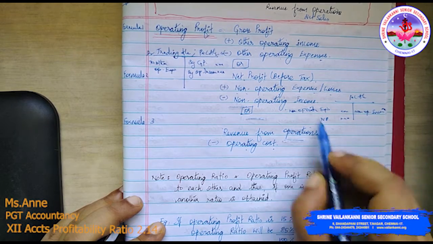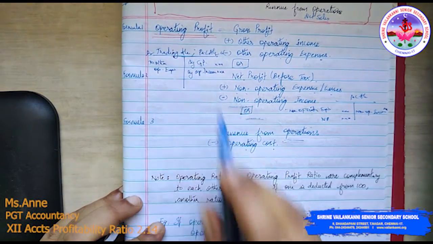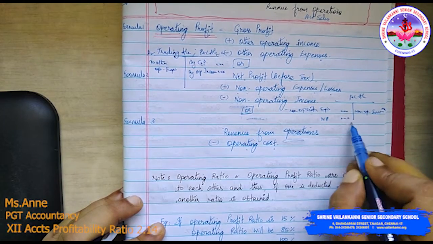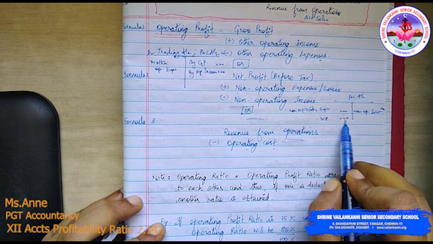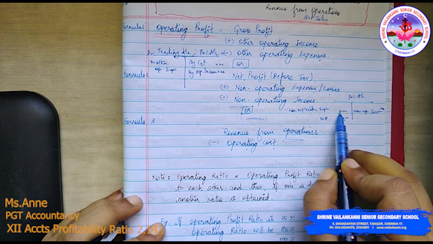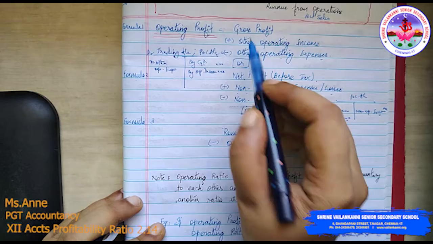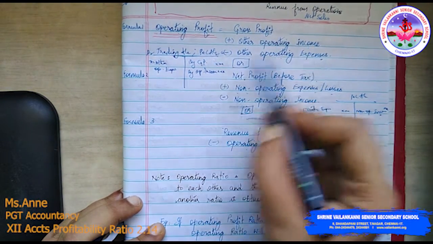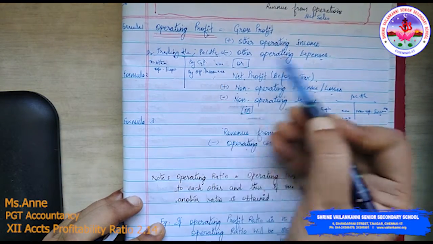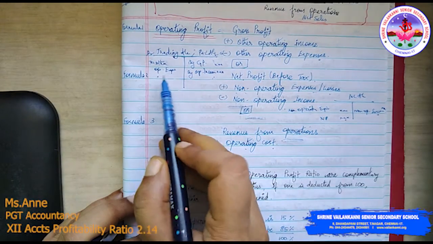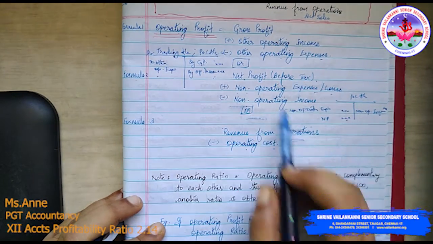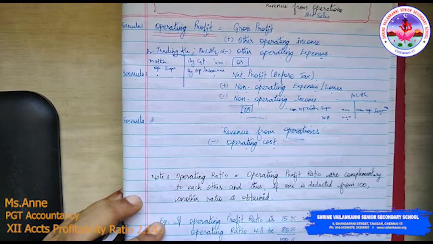So if you deduct this, what happens? You get operating profit. It is like indirect method. You add profit, you add expenses, you deduct income. Here gross profit, add income, then deduct expenses. Like that you need to visualize the formula and try to remember.